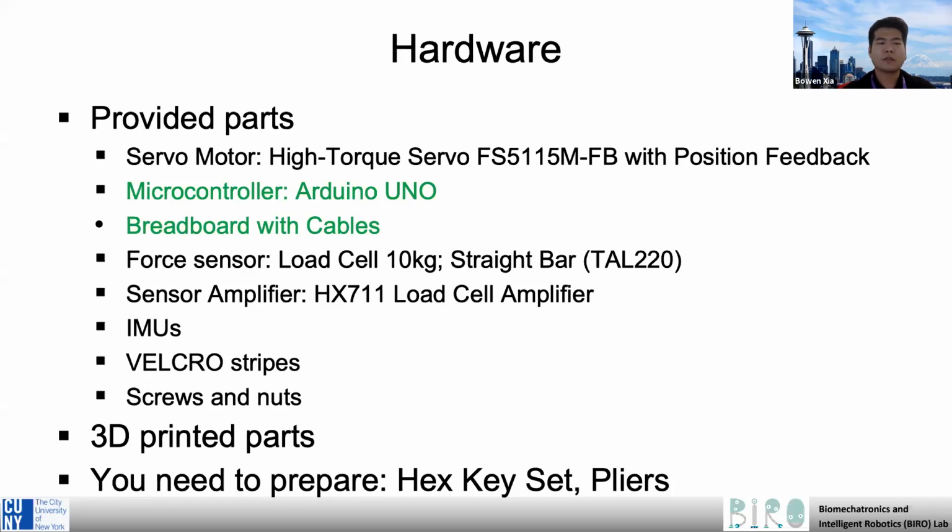The force sensor, the load cell, and the sensor amplifier, which will be in one kit, the IMUs, the Velcro straps, which can help you fix the exoskeleton to your arm, the screws and nuts, which can help you assemble the exoskeleton, and the 3D printed parts, which will be designed either by you or provided by us. You will also need to prepare something like a hex key set, pliers, or a screwdriver if you need those.